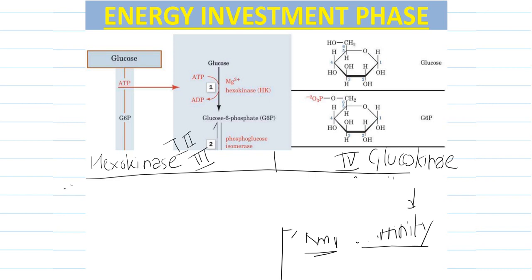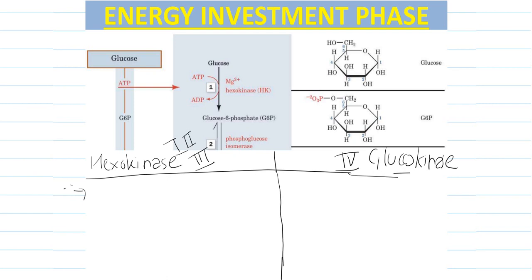Let's look at some of the other differences between hexokinase and glucokinase. Hexokinase is not directly induced by insulin, whereas glucokinase is induced by insulin.